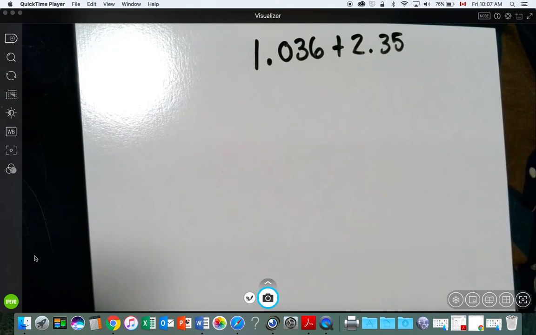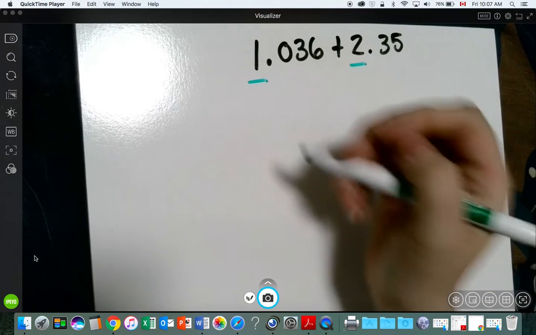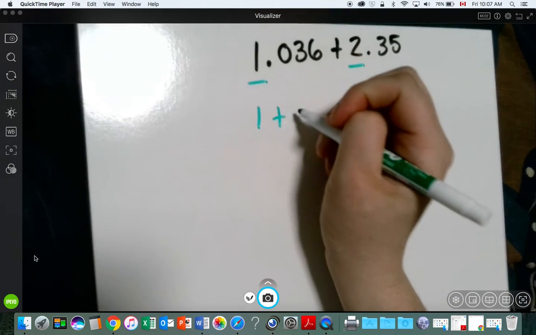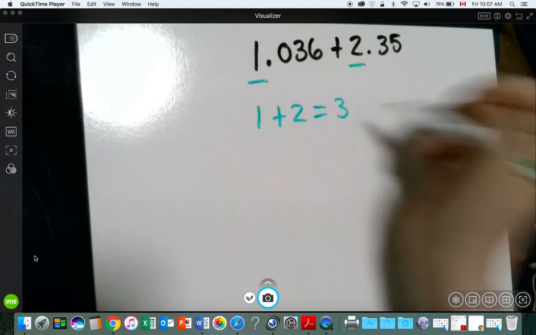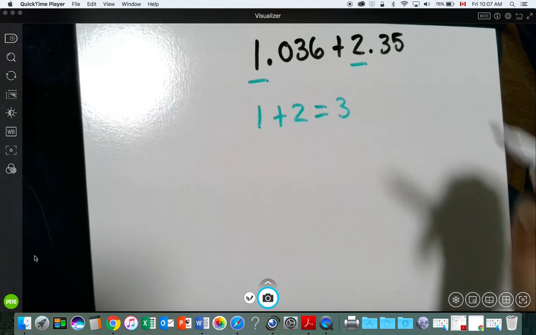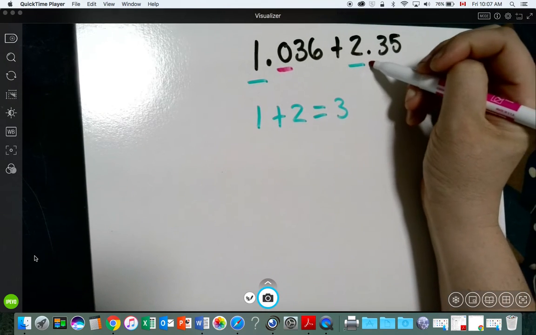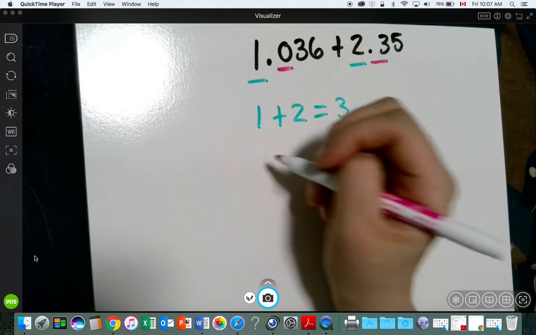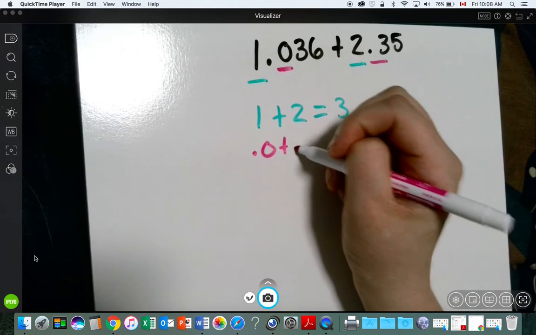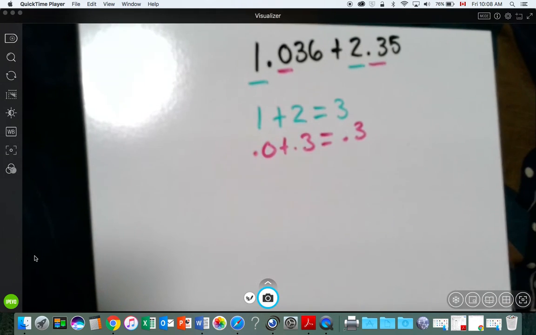Okay, so again, we're starting with the ones. So we have 1 plus 2 equals 3. Just changing colors. So then we have 0.0 plus 0.3. So 0.0 plus 0.3 gives you 0.3.